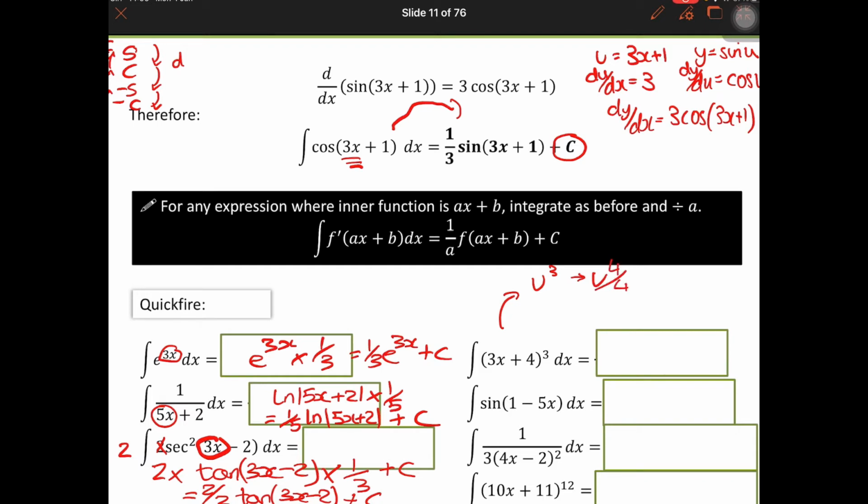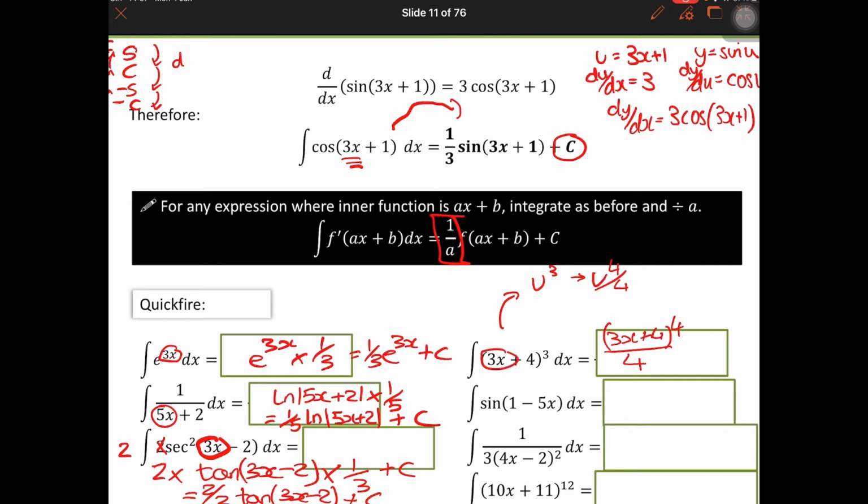I think of it in the same way. So this, when I integrate it, I use that idea again. So u is just going to be 3x plus 4. So I'll end up with 3x plus 4 to the power of 4 over 4. But I always have to remember this magic part of taking out that 1 over a.